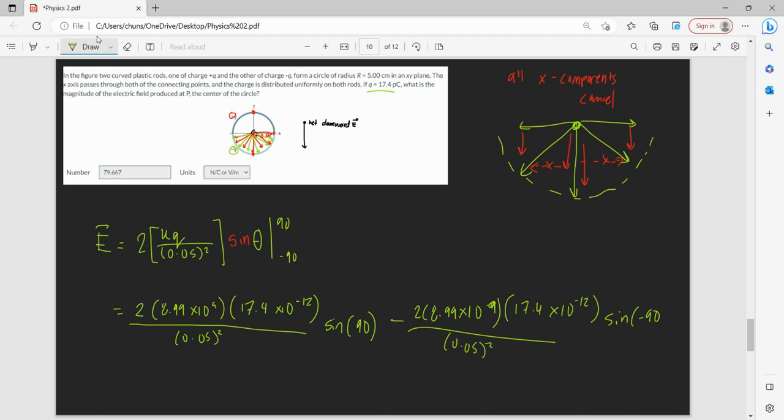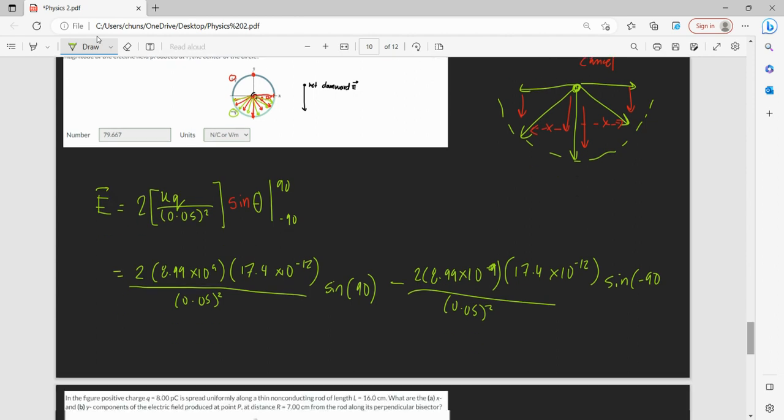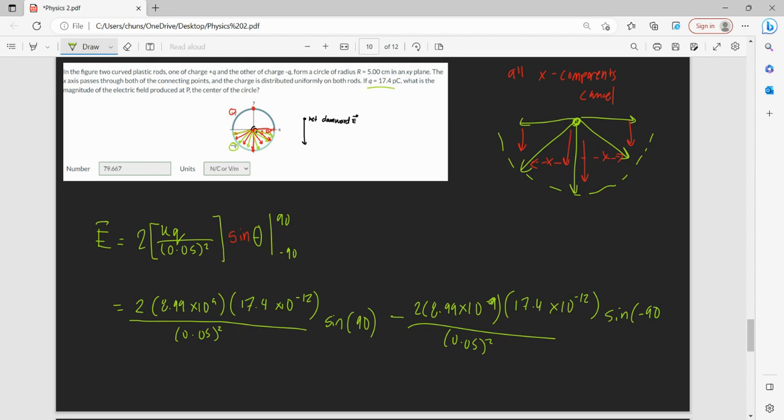And then when we solve for that, the electric field is 79.667 newtons per coulomb. Okay, next question.